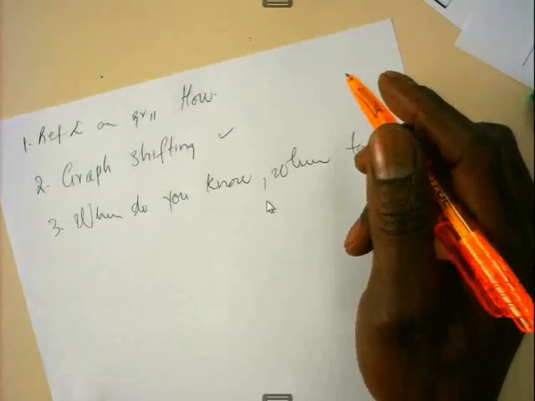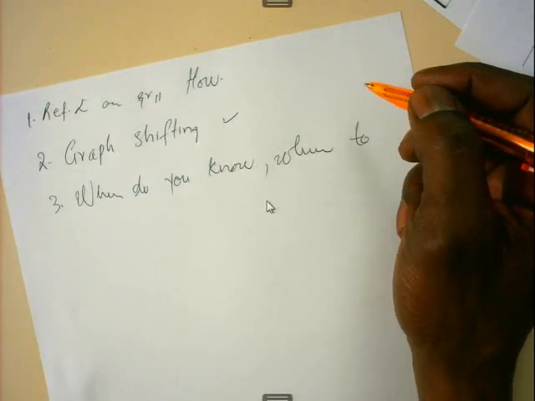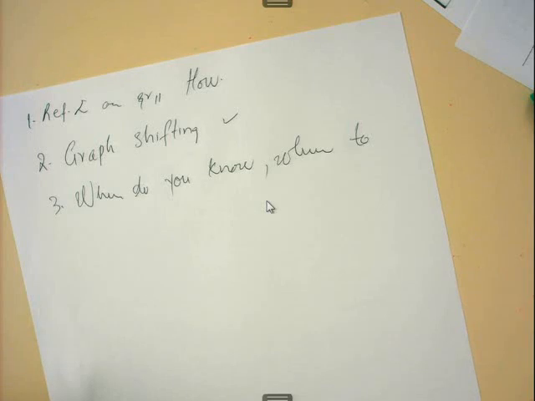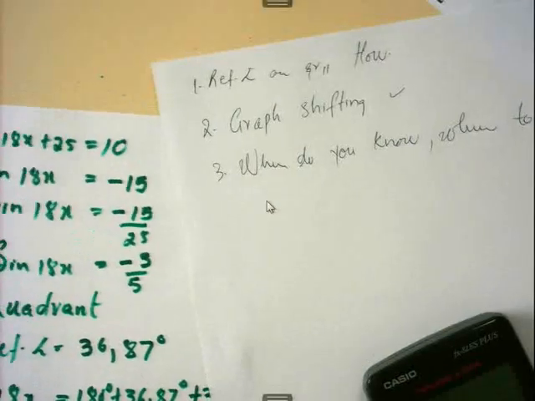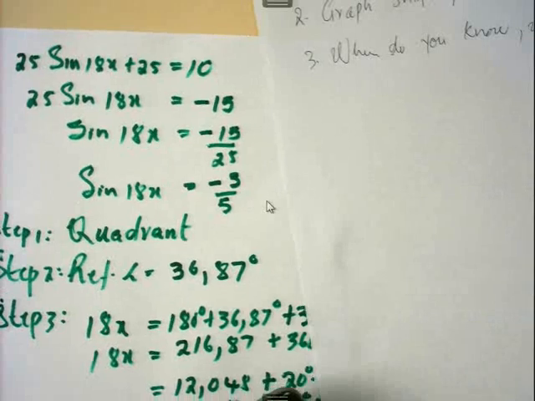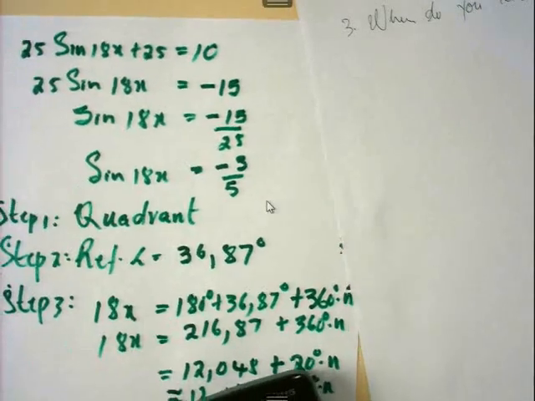Okay, let's go to the questions. The first question was asking how to find the reference angle, especially on that question of grade 11. This is going to be really for a mathematician, someone interested in practical things.